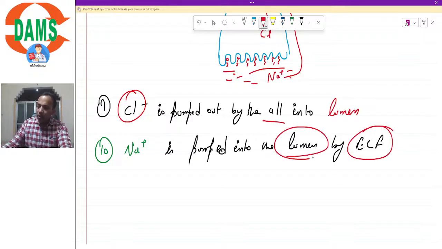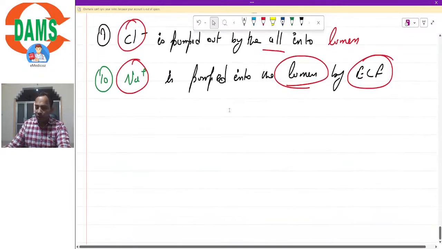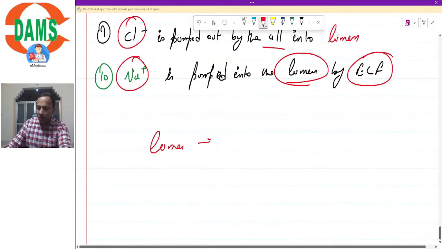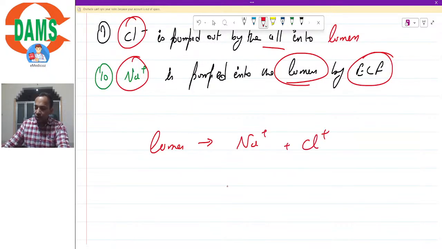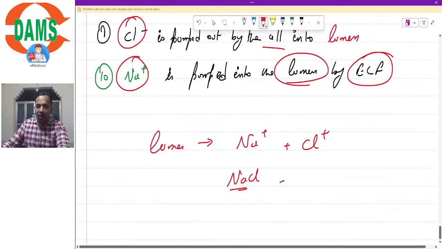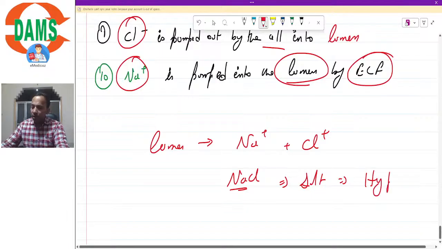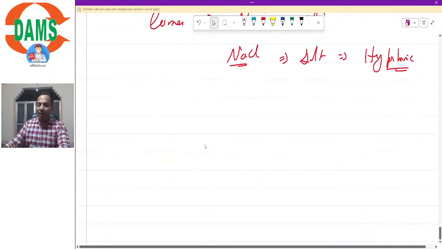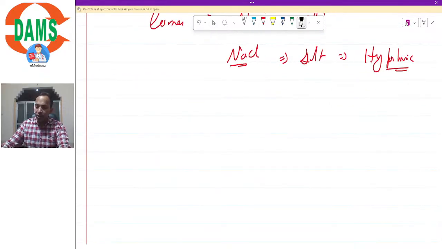So sodium is provided in the lumen by ECF, and chloride is provided in the lumen by the cell. So now in this lumen we have sodium and chloride. So what do we have in lumen? In lumen we have sodium and chloride, and as we know, NaCl, namak, salt, it is hypertonic, right? Pure salt, it would create a hypertonic environment, isn't it? So with the presence of NaCl, hypertonic environment is created in the lumen.